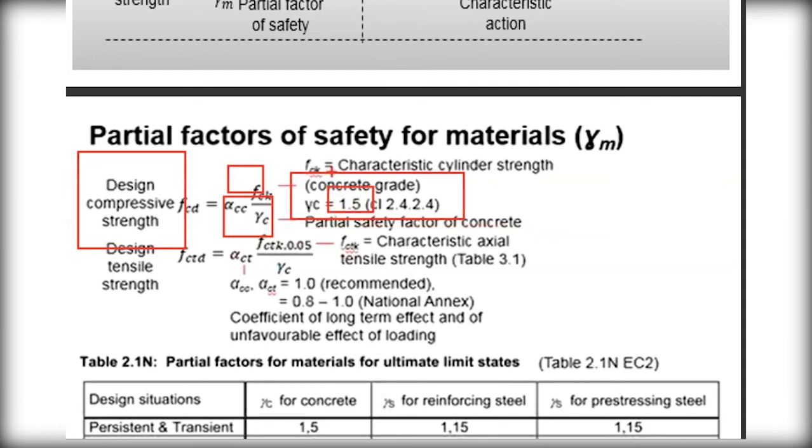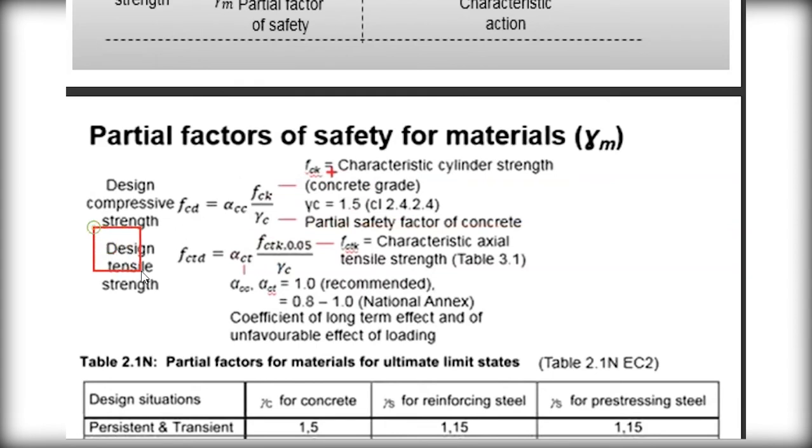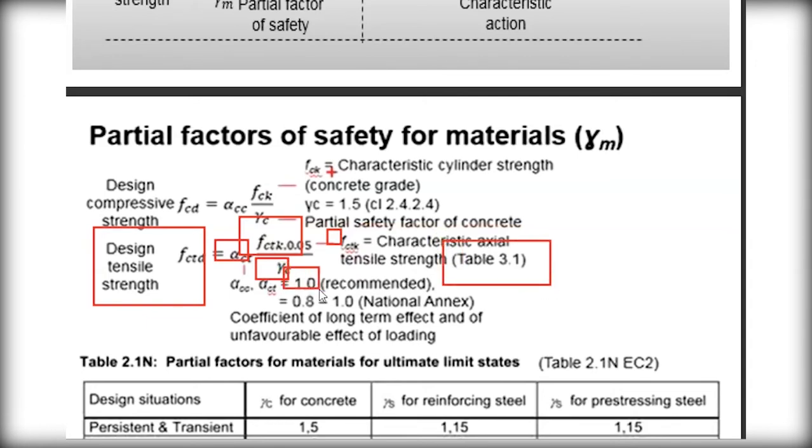The same applies when you want to find the design strength for the tensile, meaning the reinforcement bar: fy over the partial safety factor. The fck, as we said, is the characteristic strength as per this table, and this value is recommended, or it is variable. It depends on the table value.